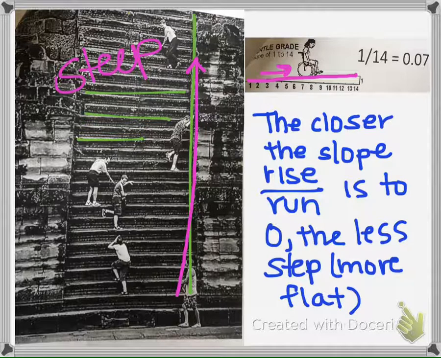And notice that this one here has a slope that is closer to 0 compared to this one. So the closer the slope is to 0, the less steep it's going to be. So use that when we get into graphing to help you make sense and make sure that what you're doing follows what we're seeing here.